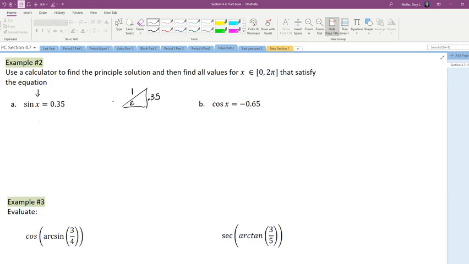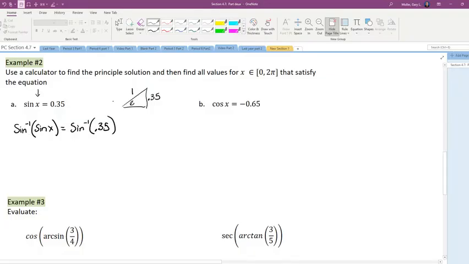So, algebraically speaking, what would we write? We would write, let's take the inverse sine of what? The left side. And then we would take the inverse sine also of the right side. And the inverse sine of sine, they cancel each other out, just like a square root and a square or a logarithm and exponent.